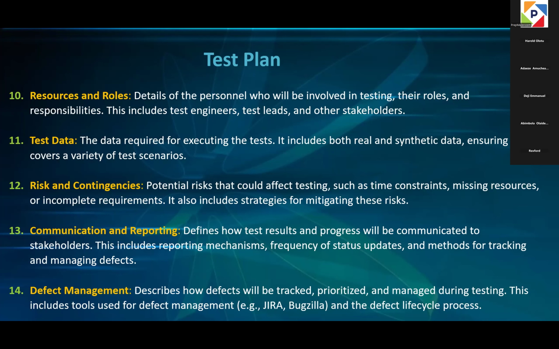It also includes strategies for mitigating these risks. So we have the communication and reporting component of the test plan, which defines how test results and progress will be communicated to the stakeholders. This includes reporting mechanisms, frequency of status updates, and methods for tracking and managing defects.